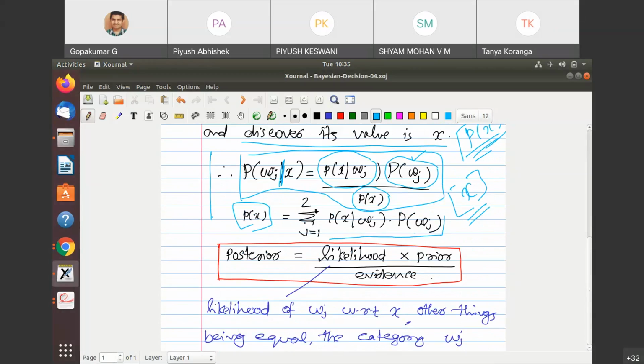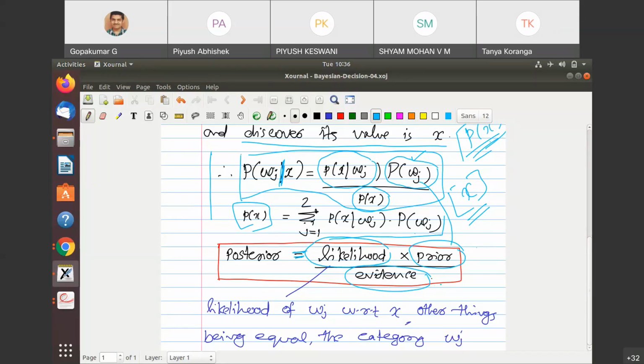We have seen this Bayesian decision rule, and it is written in this particular form. The probability of wj is called the prior probability. The class conditional probability density is called the likelihood. And the evidence is p of x, because the evidence arises after you are given that particular feature vector, that is, you have measured the x vector.